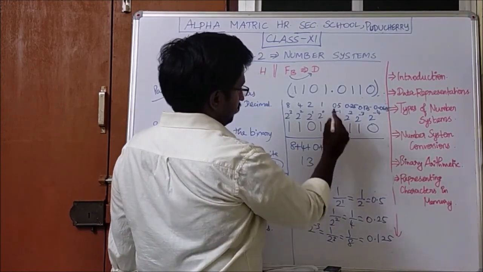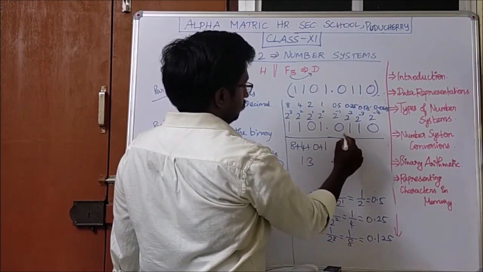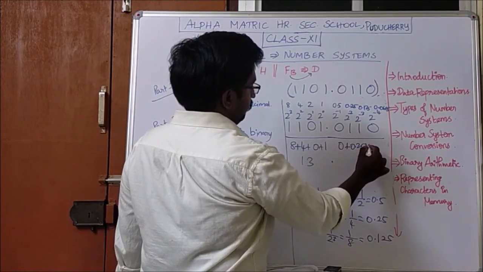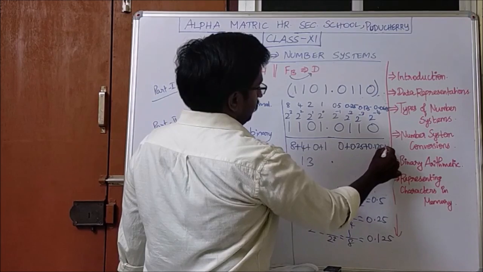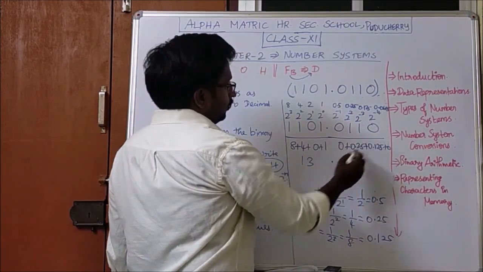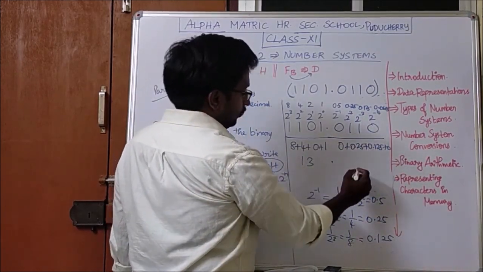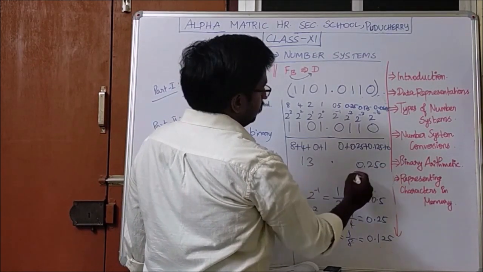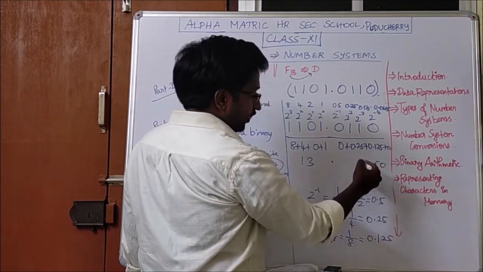And you multiply this, here 0 plus 0.25 plus 0.125, and the last one is 0. So while adding this, you have to be very careful, like 25 means it is 250.